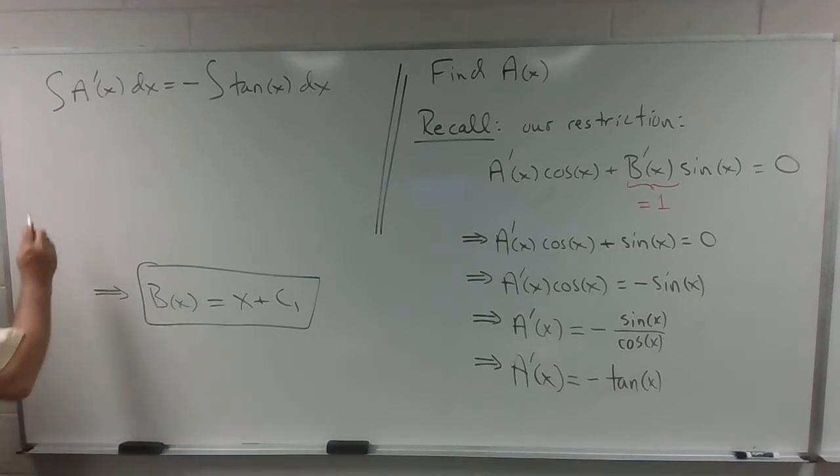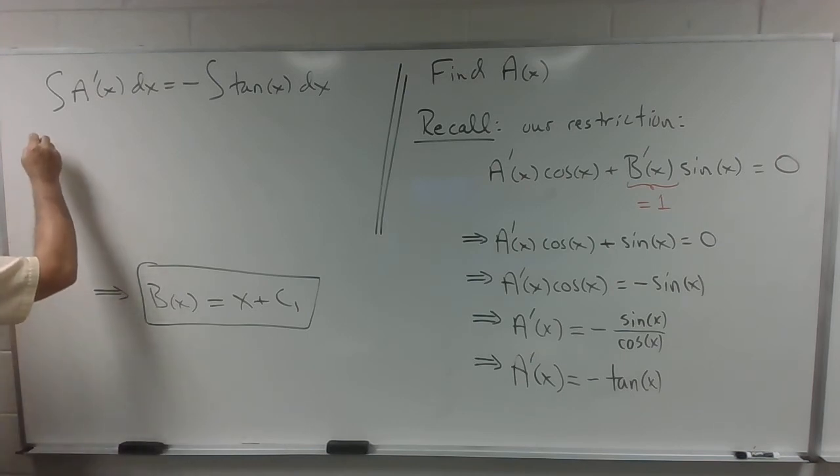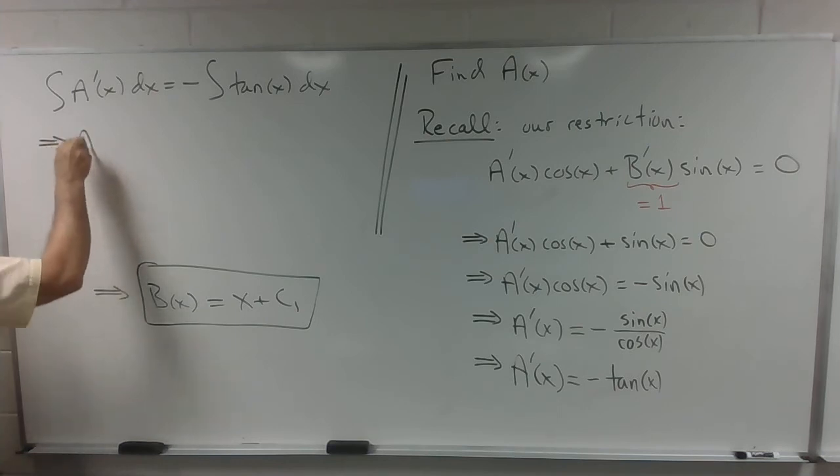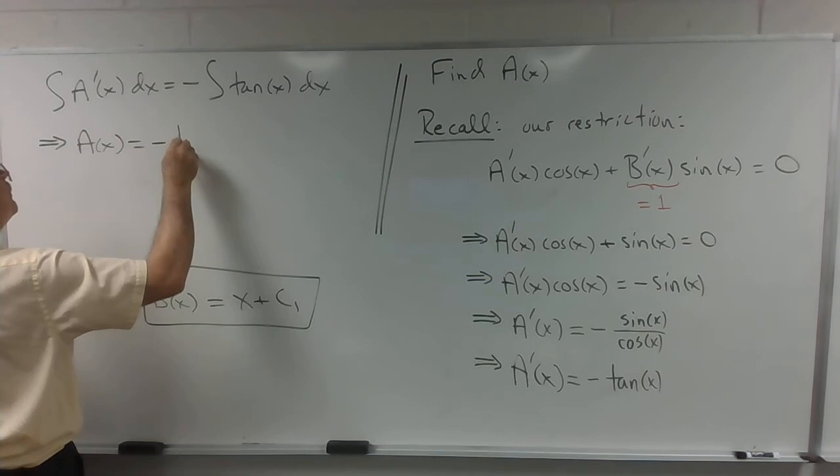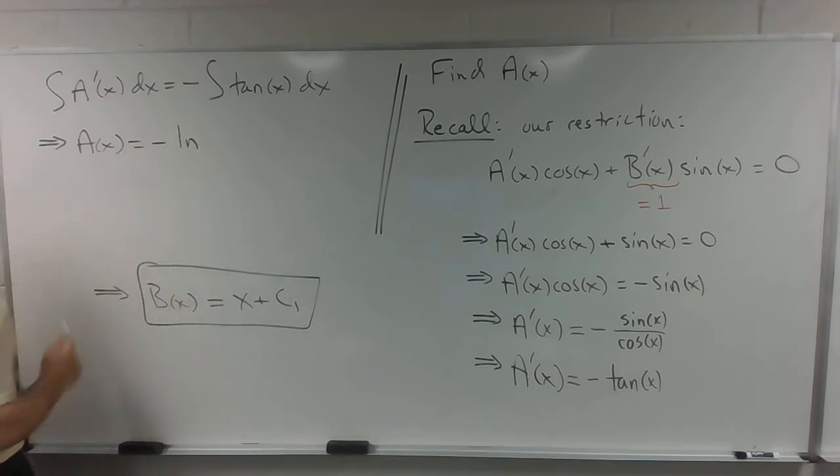So a of x is negative the integral of tangent, that's sine over cosine.